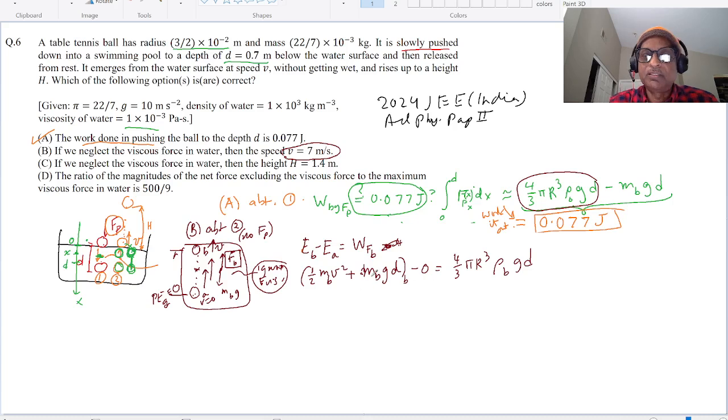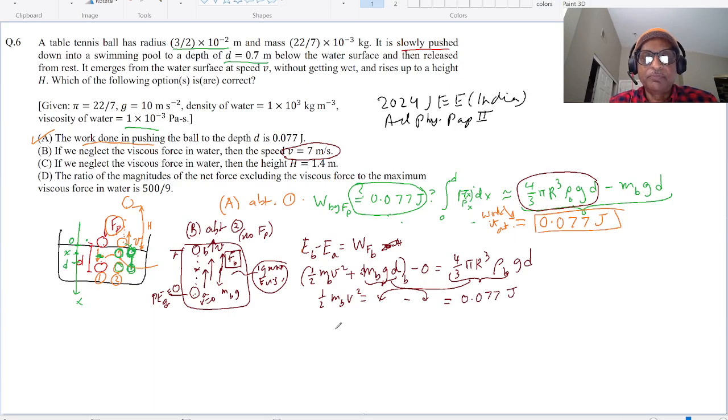So if I bring this on the other side, what you get is half MBV square is this stuff minus this stuff, which is the same as that, which is equal to 0.077 joules.